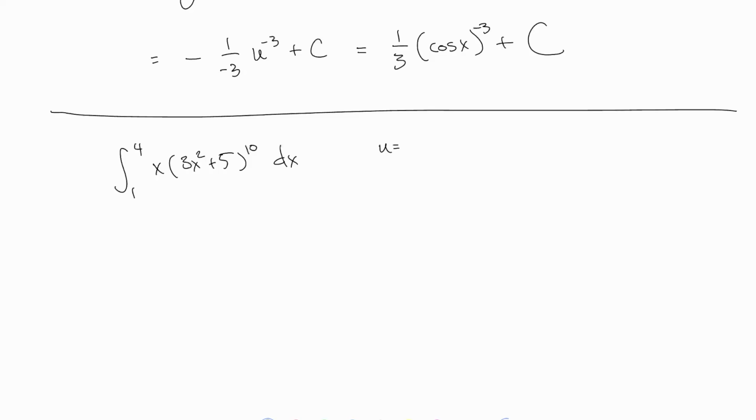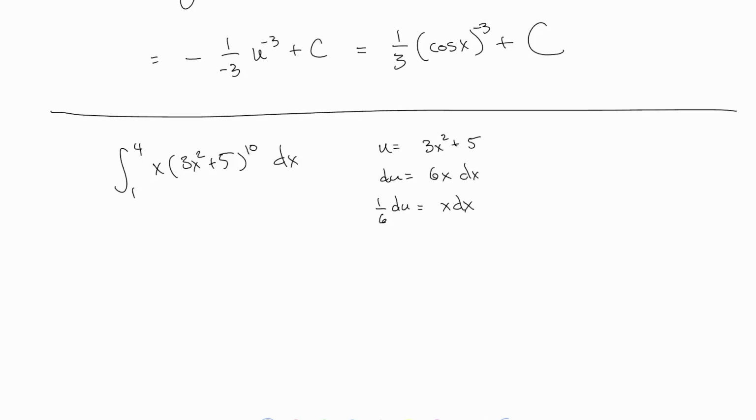What do you want to choose the u in this case? 3x squared plus 5, I hear him say. Great, and then the du is a derivative of that, 6x dx. And then just because I know what's up, I'm going to divide the 6 over to the other side there and say 1/6 du equals x dx.